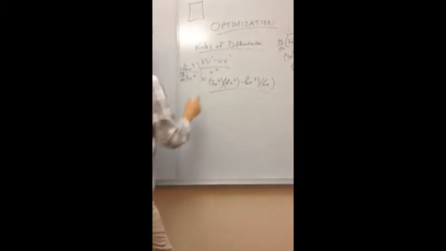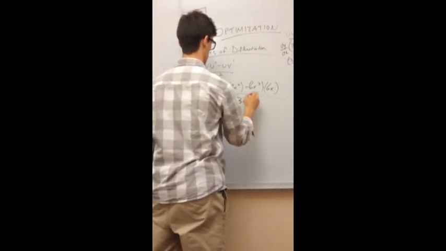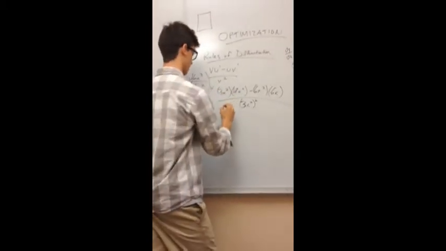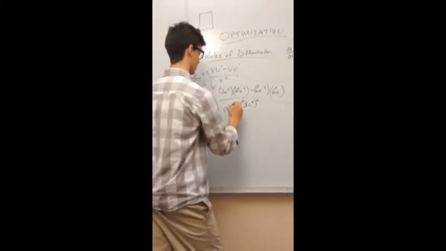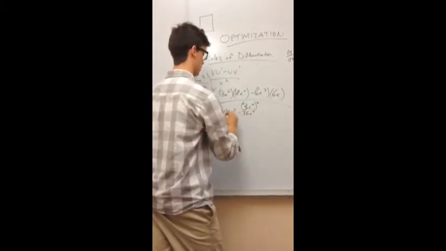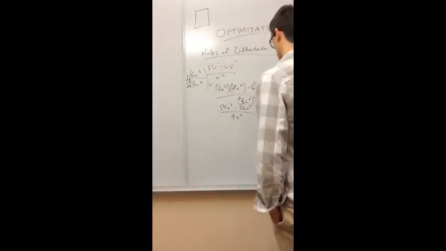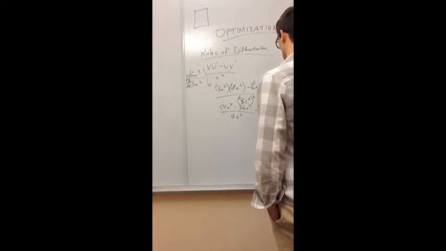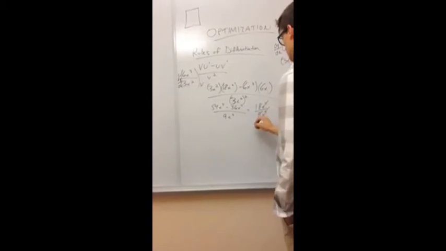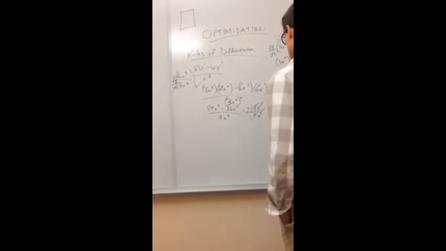And then you put it all over v squared, the bottom squared, 3x squared, squared. Then again, it's a matter of algebra combining like terms. So we have 54x to the fourth minus 36x to the fourth over 9x to the fourth. Essentially, that'll give you 18x to the fourth over 9x to the fourth. You cancel out the x to the fourths. You divide by 9 on each side, and essentially your answer is 2.